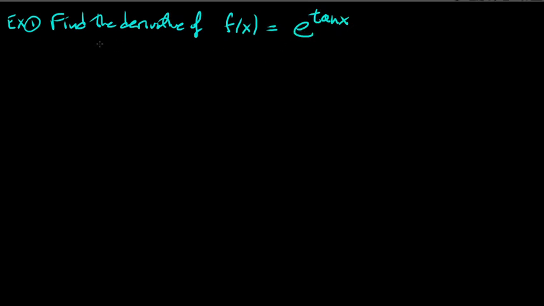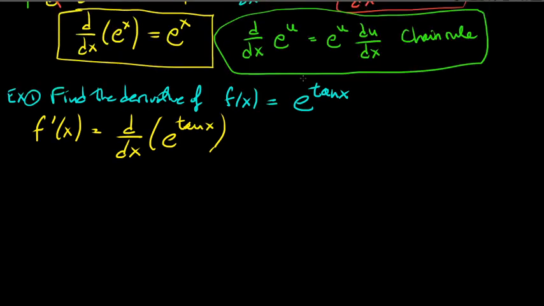So we want the derivative of e to the power tangent x. Tangent x is the exponent of e, right? And going back up here, that's my u, that's my g of x, if you will. So according to the chain rule, the derivative of e to the x is e to the x. So the derivative of e to the tangent x is e to the tangent x.